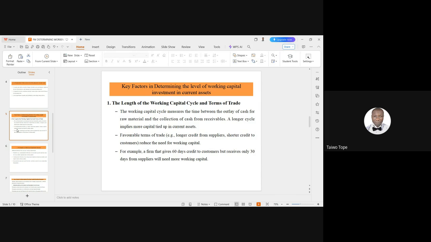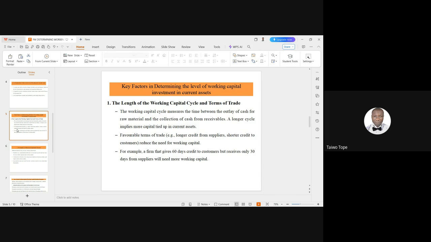For example, a tech retailer can hold only 2 weeks of stock to cut costs of warehousing, but it risks loss of sales if demand spikes.